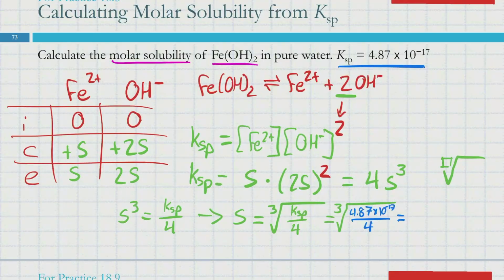You just need to make sure you put a 3 into that box. And you should get 2.30 times 10 to the minus 6, if the math is correct. Questions?